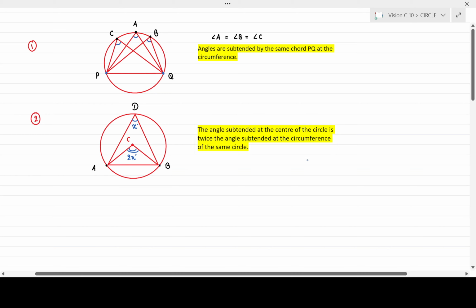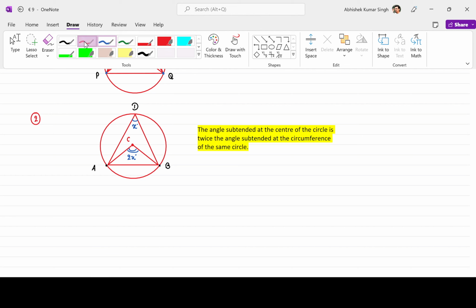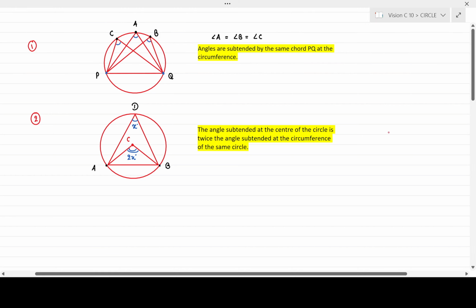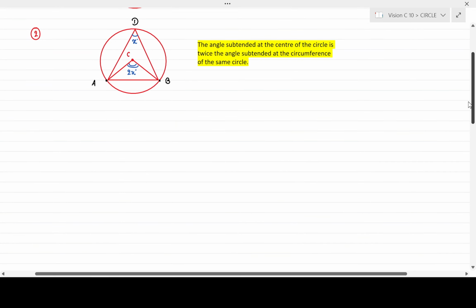This is the reasoning part for this property. I hope I am clear. Now let us move on with the third property.